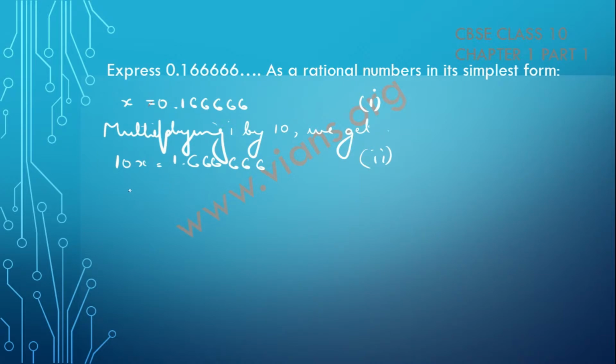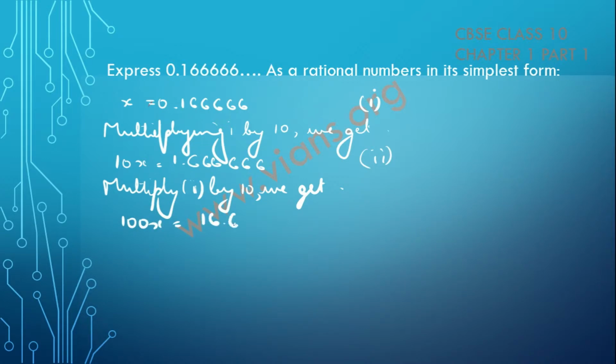Another way of doing it is, we could also multiply 2 by 10. So multiplying 2 by 10, we get 100x is equal to 16.666666, and this is your equation 3.